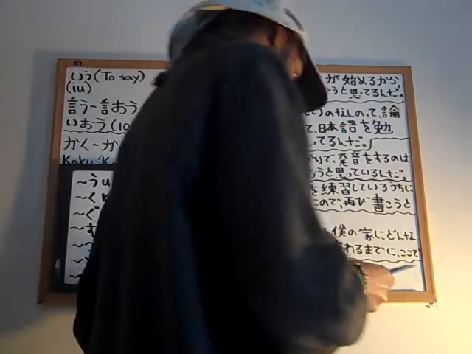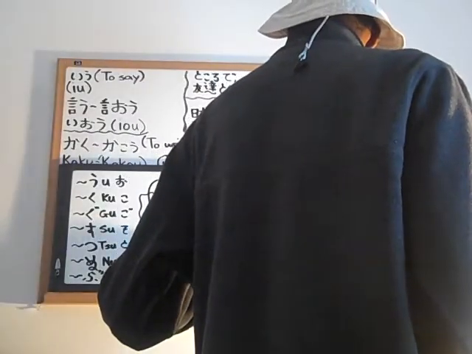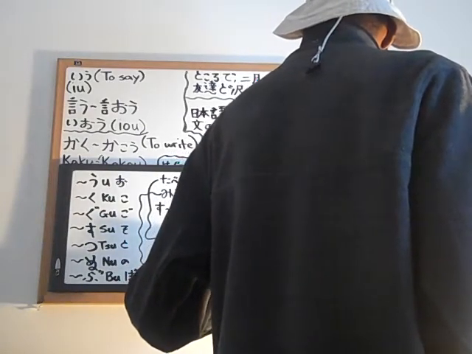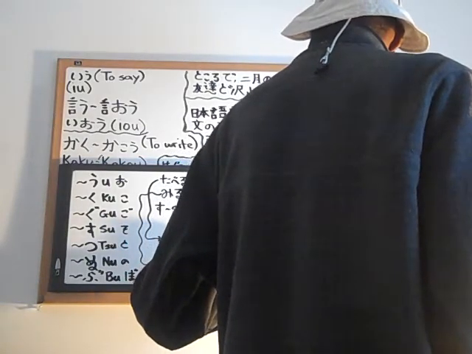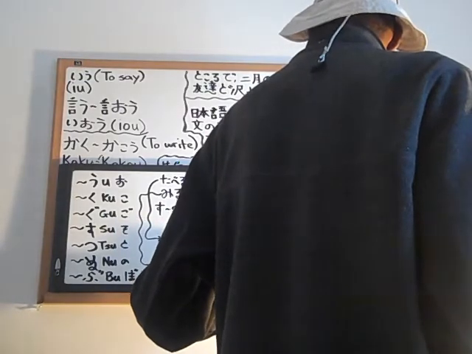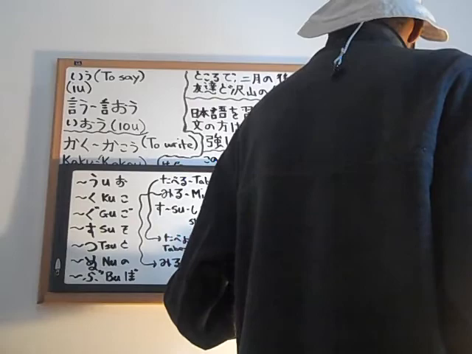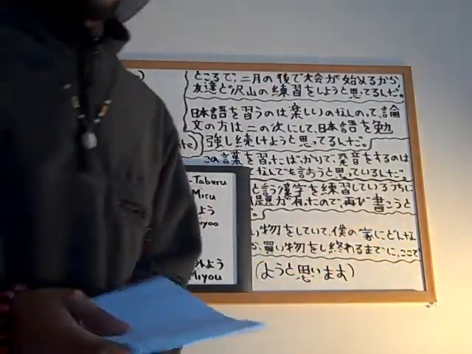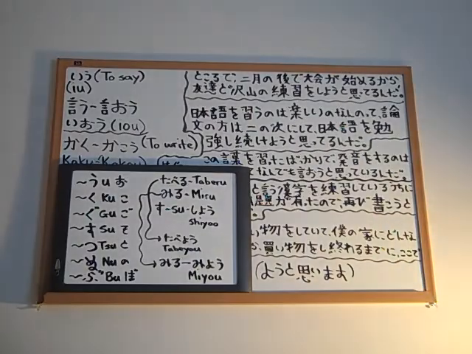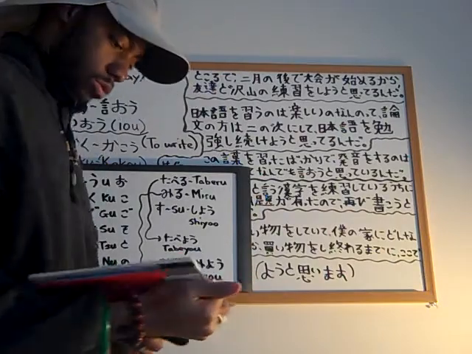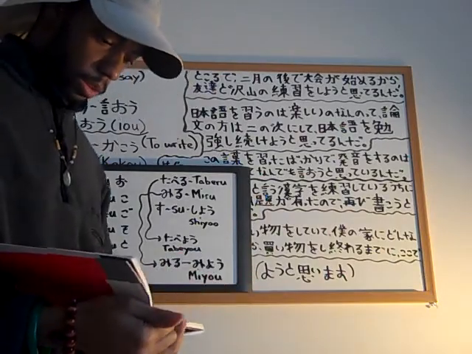I'll write it up here. Okay, so you asked me about yo tomo imasu. Like I said, this construction is difficult for a beginner, but let me see if I can show you some examples so you can understand.